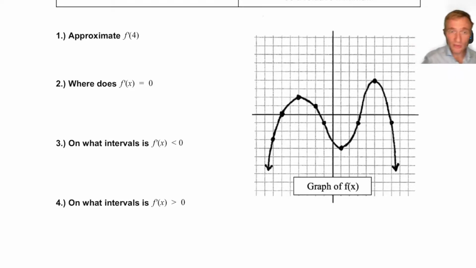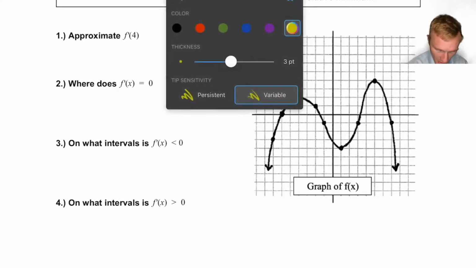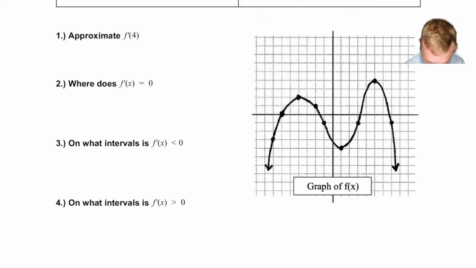So again, the derivative is the slope of the tangent line. I'm going to say that till my ears are bleeding. 1, 2, 3, 4. If we wanted to approximate the slope of the tangent line at 4, again, tangent line slopes, this is going to be more of an art here than a science. This is just to get the idea. You may come up with differently sloped tangent lines, but that looks like f prime of 4 to me.